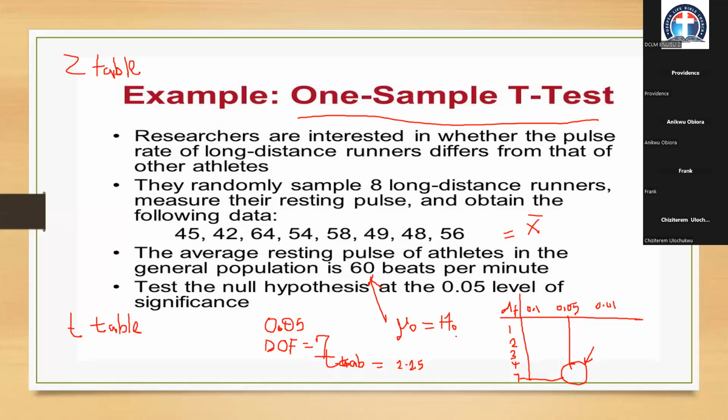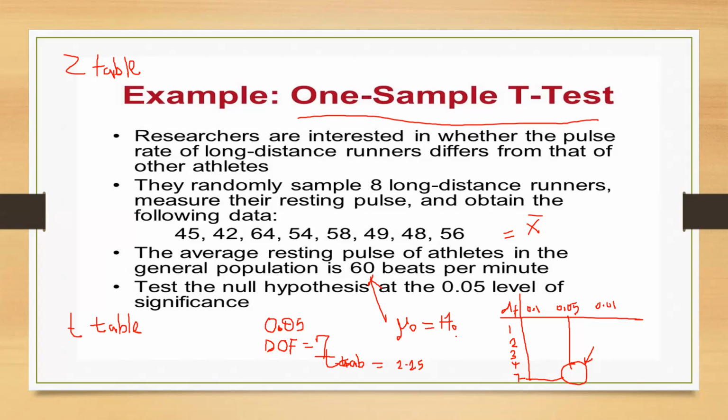Is this clear enough to you? Yes, sir. This is how to locate your critical value. You trace from your alpha level and you intercept it with your degree of freedom. It gives you your critical value. It is the value that your calculated T must not exceed. If it exceeds it, you will reject your null hypothesis.